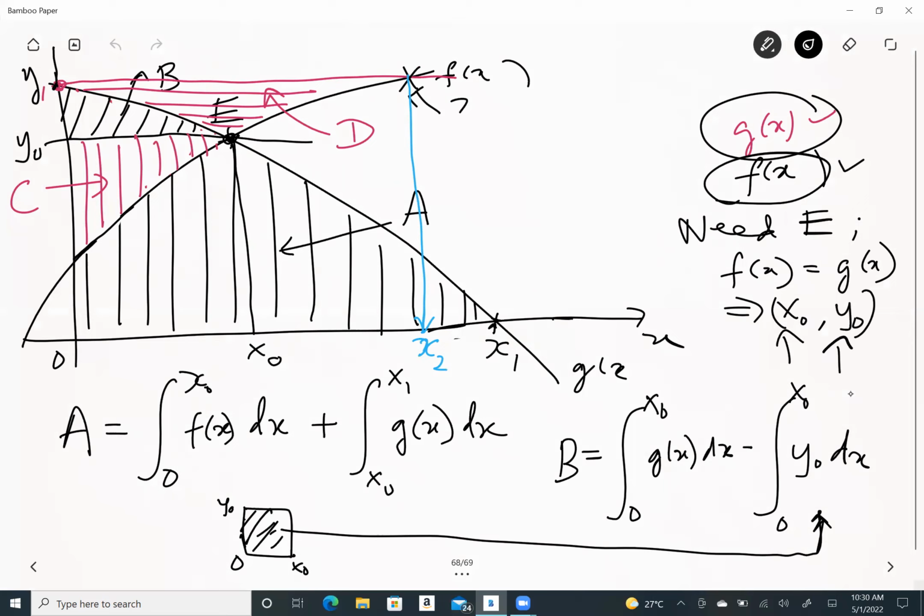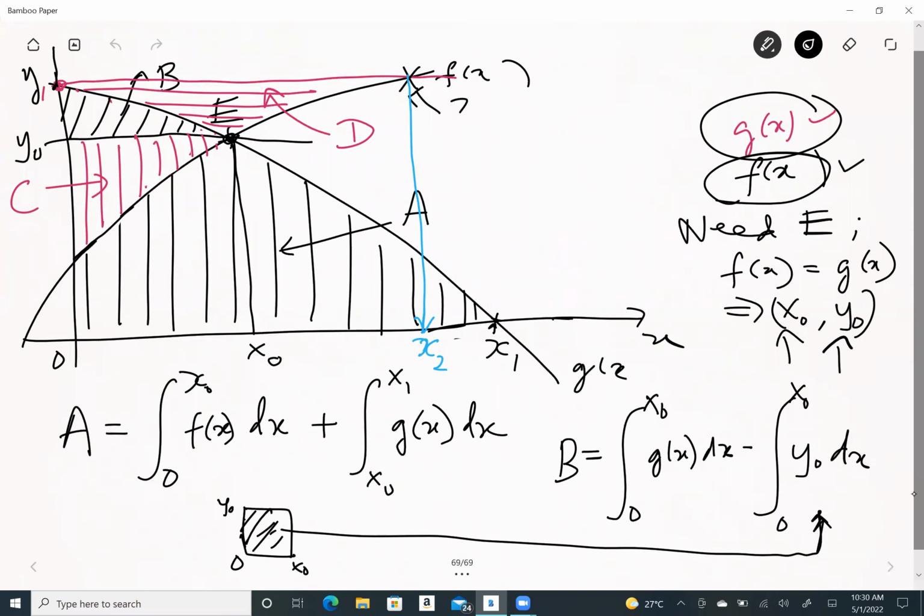So firstly, what area do you need to take out? You already have the necessary points and you already know the function. First, what do we have to take out? The area under what? From 0 to x0, g of x.